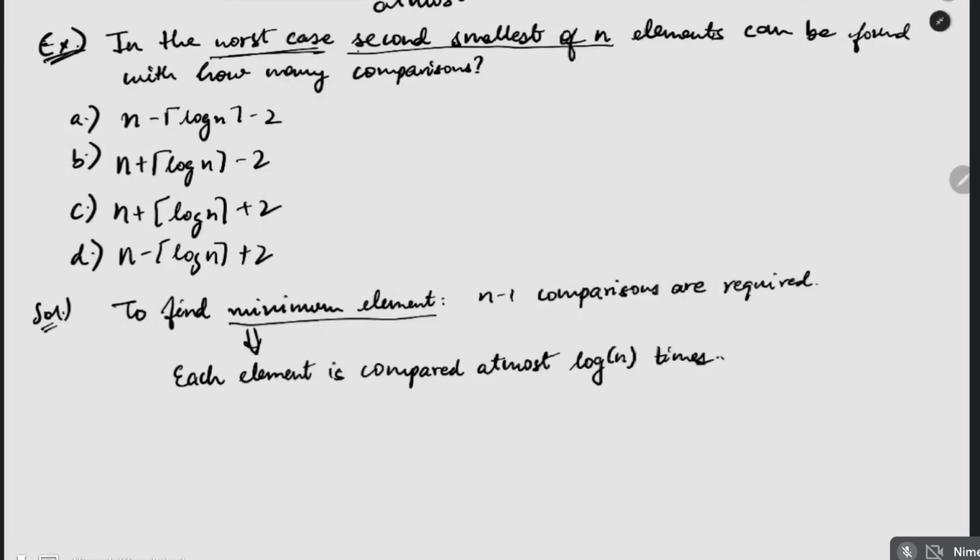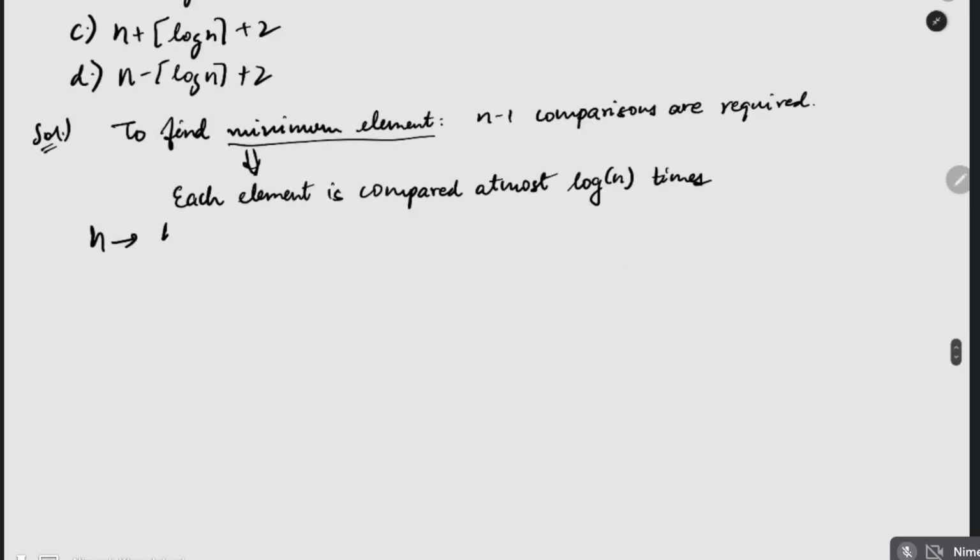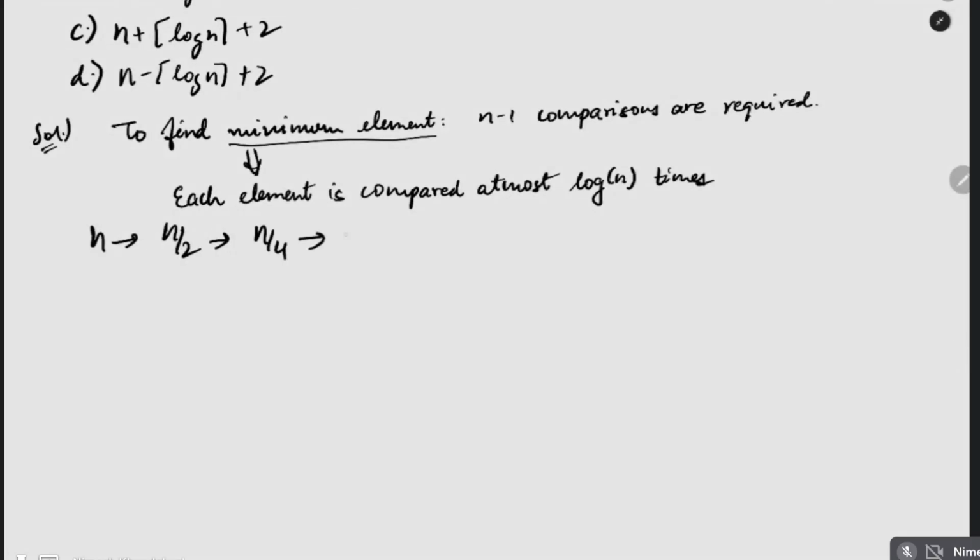every time we compare the elements, in the halves basically, first we search n, then n by 2, and in each iteration we keep halving the space in which we look. At the end, there is only one element left.